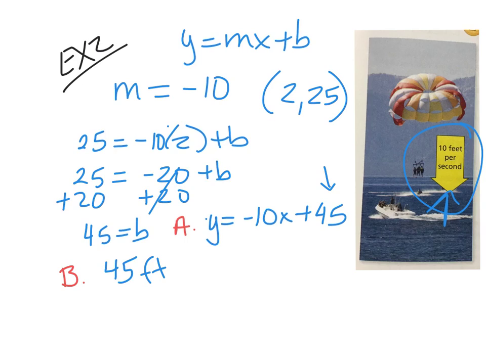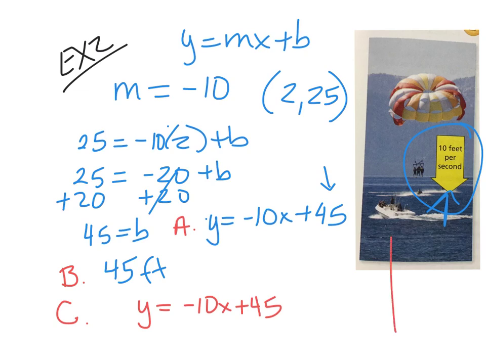That's all. That's it. Okay, and then the last part asks, when do you reach the boat? So we have our equation, y equals -10x plus 45. -10 is talking about the rate of change. What do you think the x and y are each talking about?